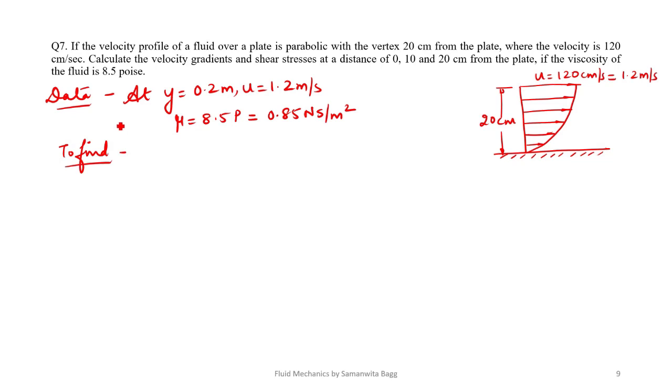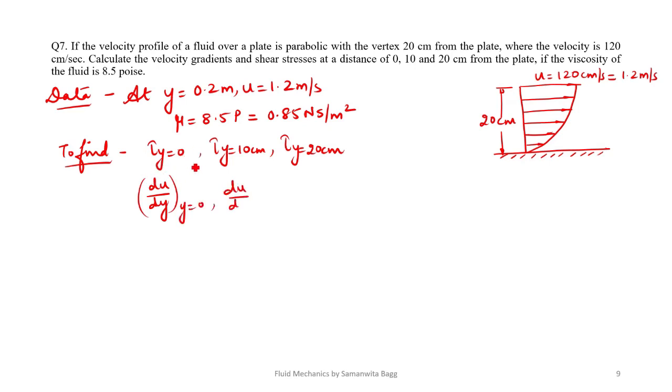I have to find the value of tau at y is 0, tau at y is 10 centimeter and tau at y is 20 centimeter. I also need to find du by dy, velocity gradient at y is 0, du by dy at y is 10 centimeter and du by dy at y is 20 centimeter.